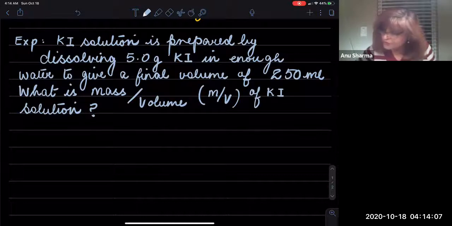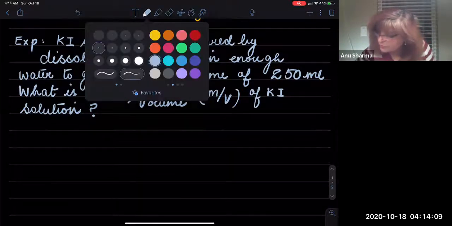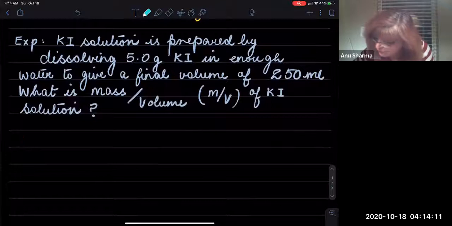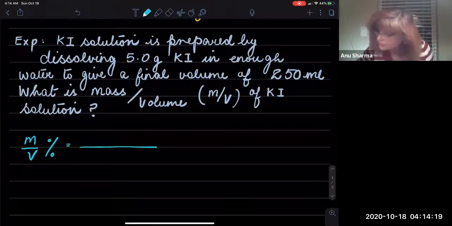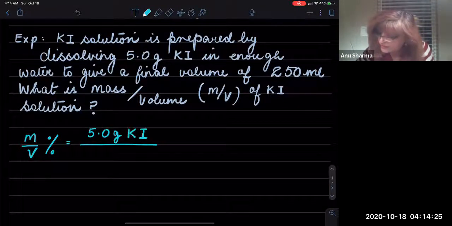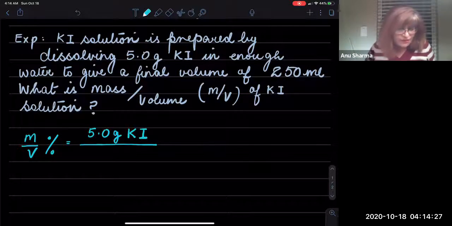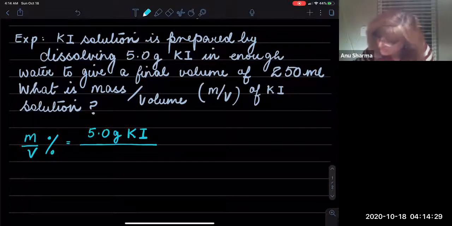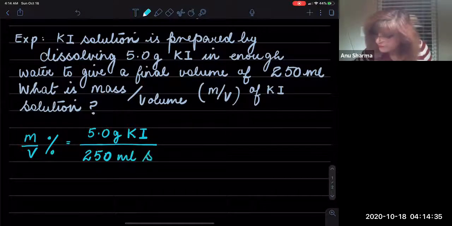So you're going to first write down what is given to you. We need to find out mass by volume percent, okay? And we are given the solute, which is 5.0 grams potassium iodide. Okay, and this 5.0 grams potassium iodide is present in 250 milliliters of solution.